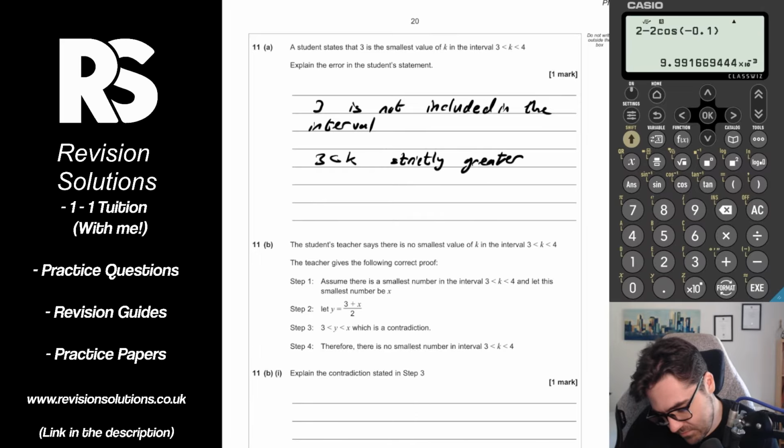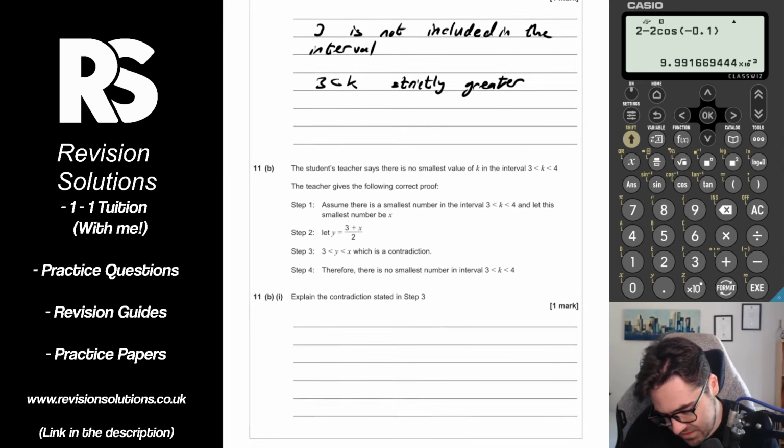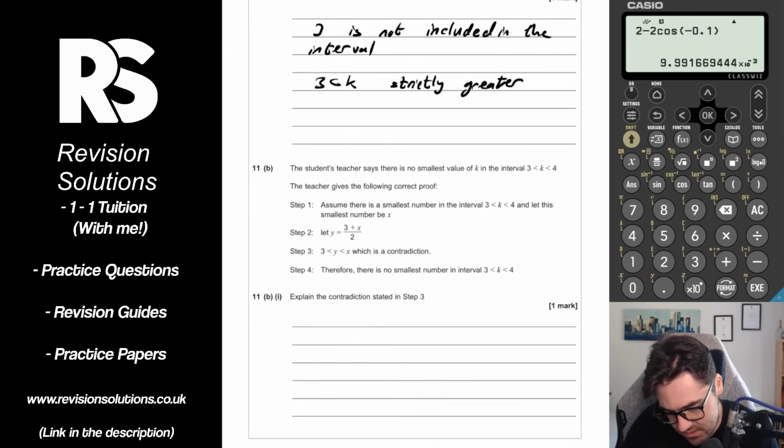Okay, then we've got part B. It says the student's teacher says there is no smallest value of k in the interval between 3 and 4. The teacher gives the following correct proof. So assume there is a smallest number in the interval. This is a proof by contradiction then, and let this number be x. Then they say, well, let's let another number y be 3 plus x over 2. So that's the midpoint between the lower bound 3 and this supposed smallest value of x, and 2.